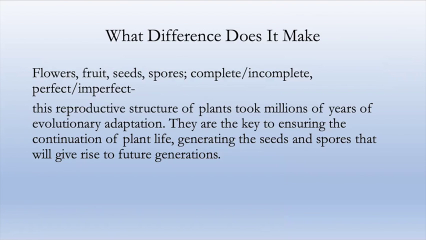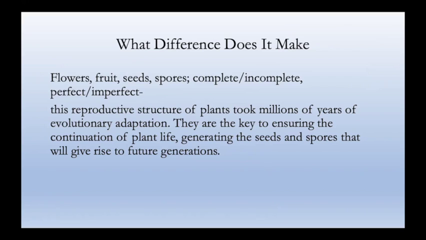All right. So you have flowers, fruit, seeds, and spores. What difference does it make? Well, this complete, incomplete, perfect, imperfect. These differences took millions of years, where there were a lot of plants, a lot of flowers. The tendency could be the flower would be incomplete because it has a lot of cross-pollination.